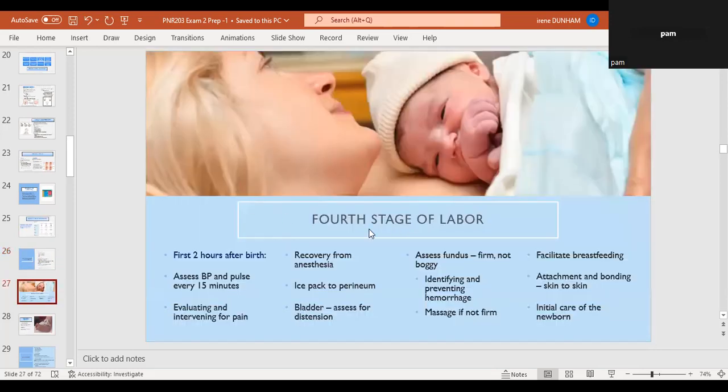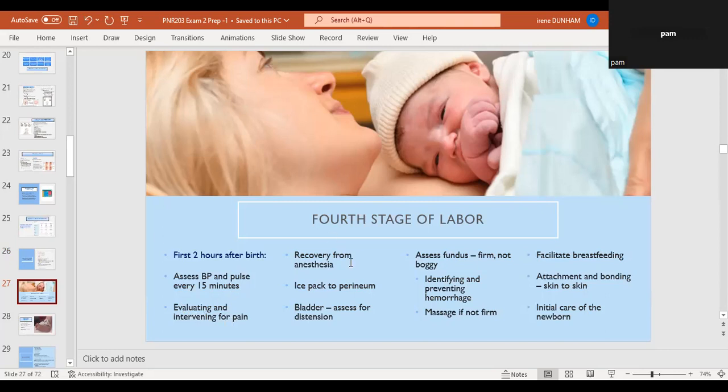Okay. Now here's your 4th stage of labor, and just remember something: the 4th stage of labor is the first 2 hours after birth. Write that down. Note it. And then you're going to assess blood pressure and pulse on mom every 15 minutes. And then you want to evaluate and intervene for pain, of course.